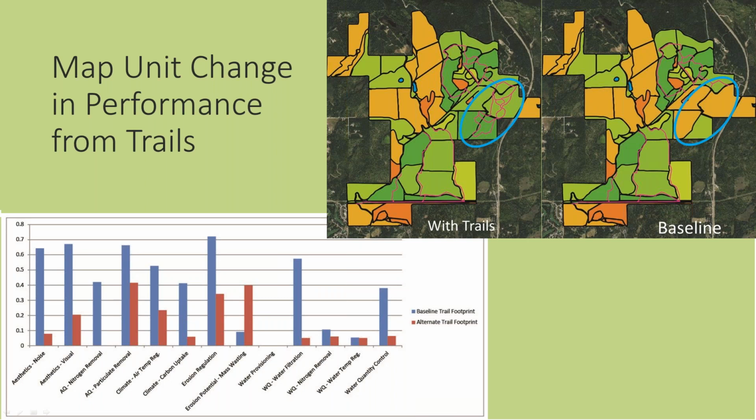You can see that as you put these trails in, the ability of that area to provide good recreational support goes up, but many other things go down. For instance, you're more likely to have erosion. But the key element here is the ability to use the tool to look at different scenarios and see how management activities are going to change the site. Okay, Morgan, let's go to the next slide.